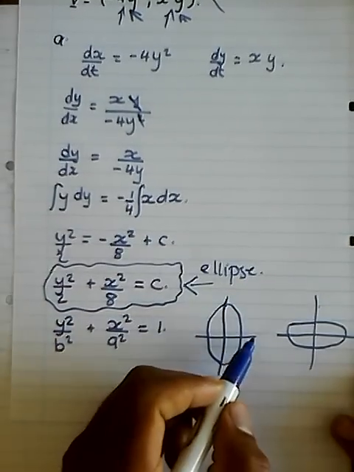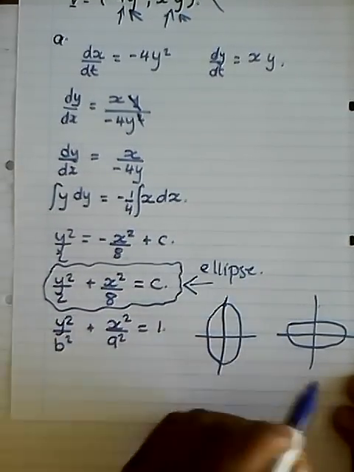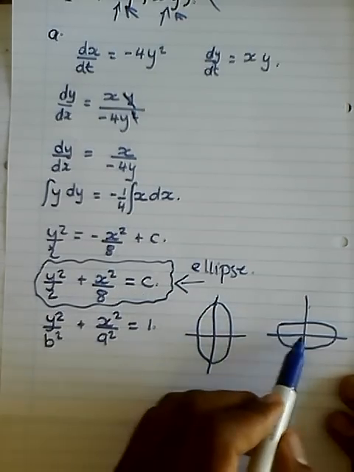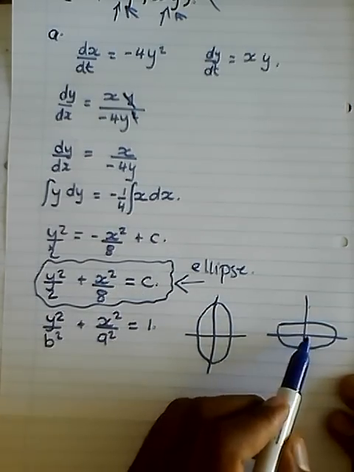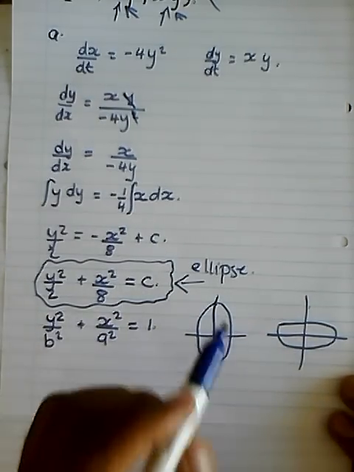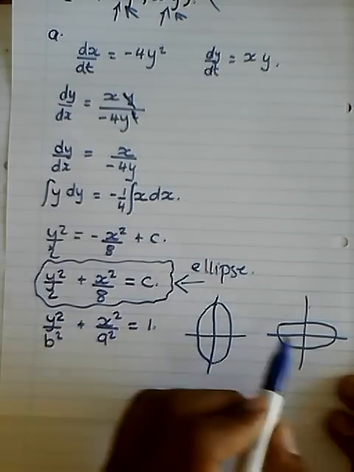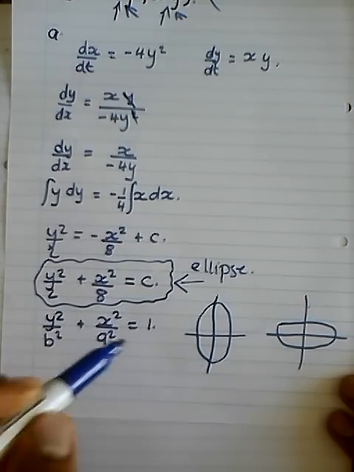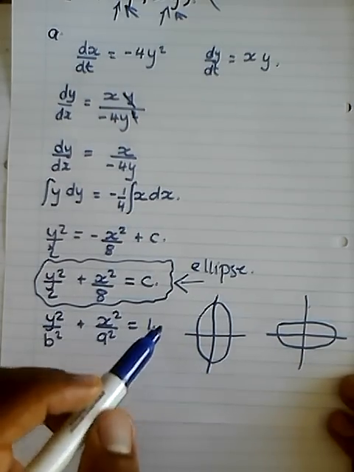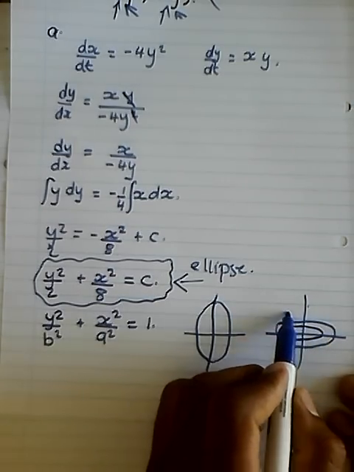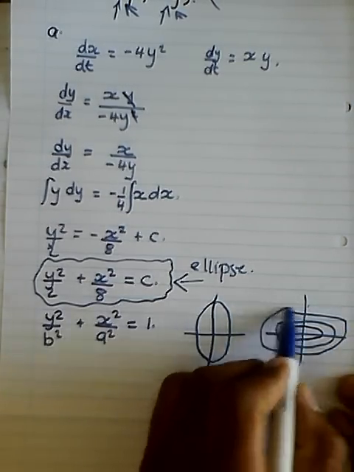I don't know if I'm writing it correctly, but okay, it's an ellipse of this form. So remember that we need to fill the vector field with curves that will be orthogonal to V of R. So that means our field can be filled like this.